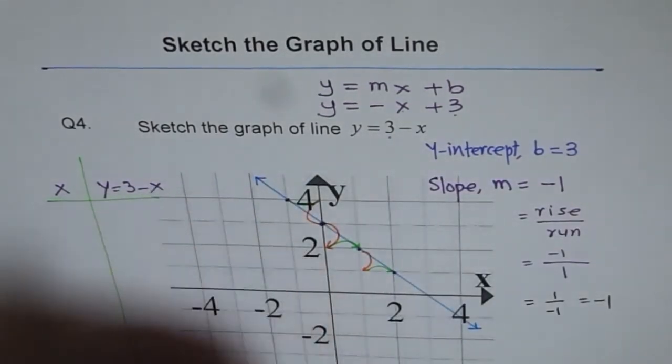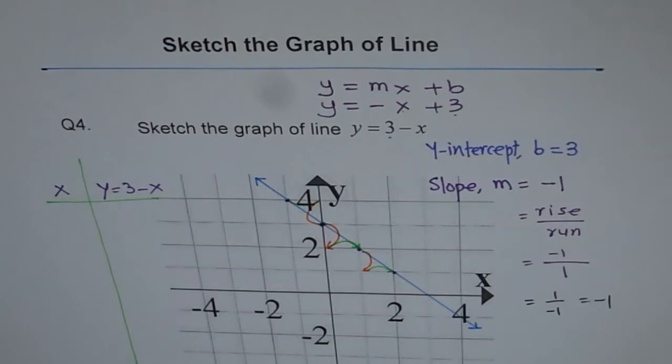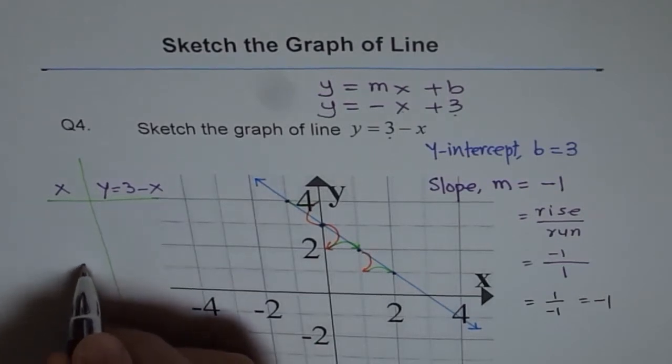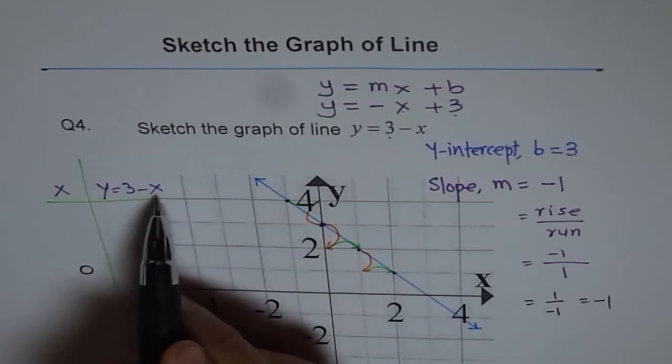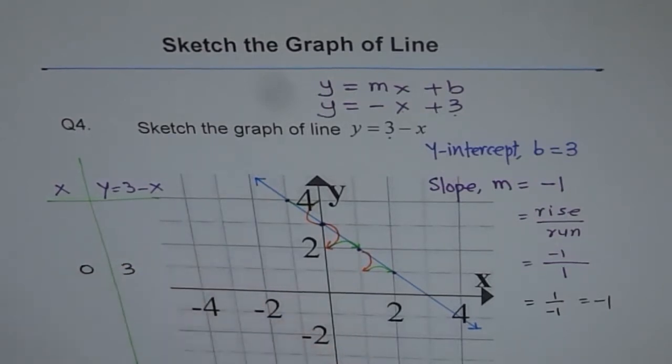And then for such a line, you should start putting some values of x and calculate values of y. This time, I will suggest the easiest number to work with is 0. So let's start with 0. If x is 0, what is y? y is 3 minus 0, that is 3. Do you see easy calculations? It is always good to take easy numbers, okay?